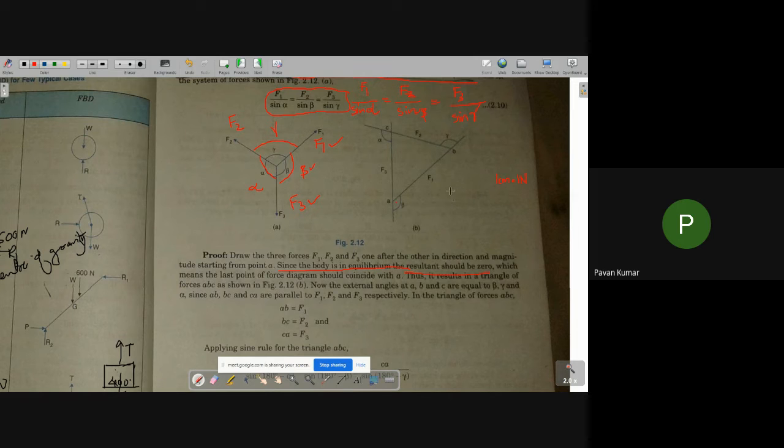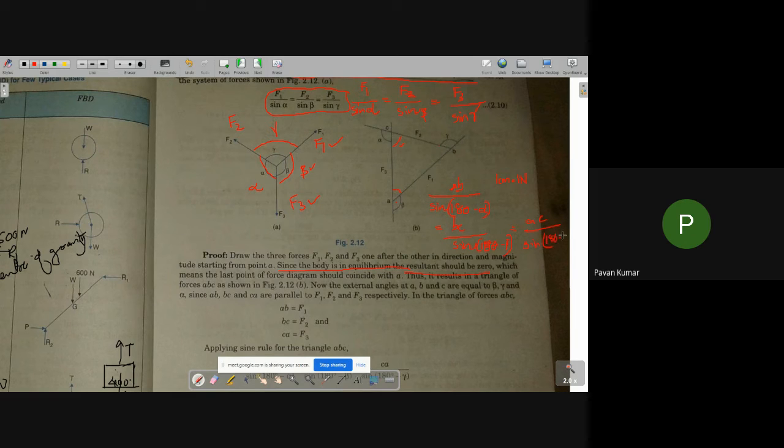Now by using the sine rule in this triangle ABC, we get AB by sine of this angle, which is 180 minus alpha, equal to BC by sine of this angle, which is 180 minus beta, equal to AC by sine of 180 minus gamma.